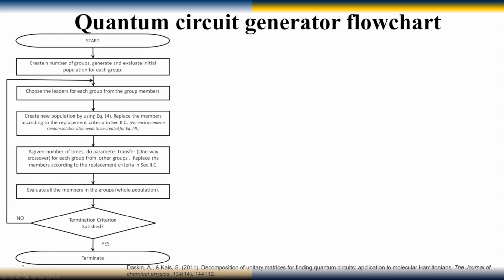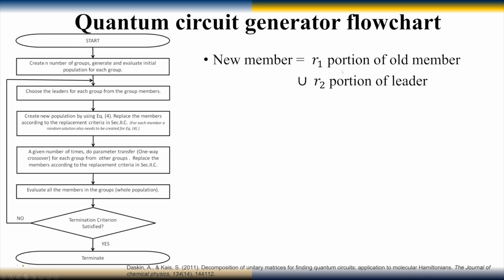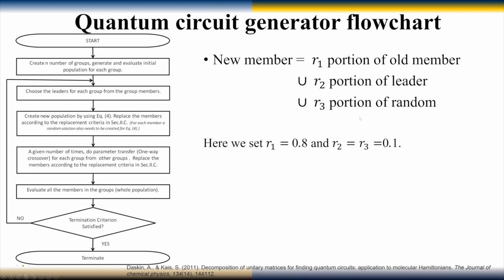Next, we'll do the variations and create a new population following these rules. Each new member will keep a portion of its own, keep a portion from the group leader, and finally keep a portion that is randomly generated. This ratio by default is R1 equals 0.8 and R2 equals R3 equals 0.1.